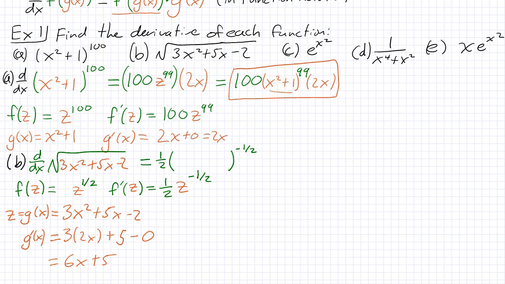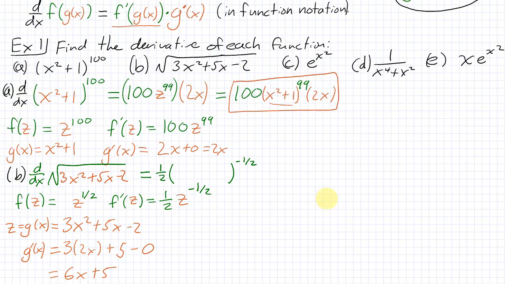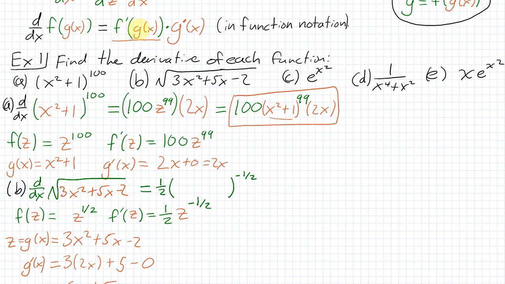So I'm just going to say the chain rule says f prime of g of x. That g of x should be written in there instead of just writing it as z. So let's write that as 3x squared plus 5x minus 2. And then we're multiplying all of that by the derivative of the inner function, which is the 6x plus 5.